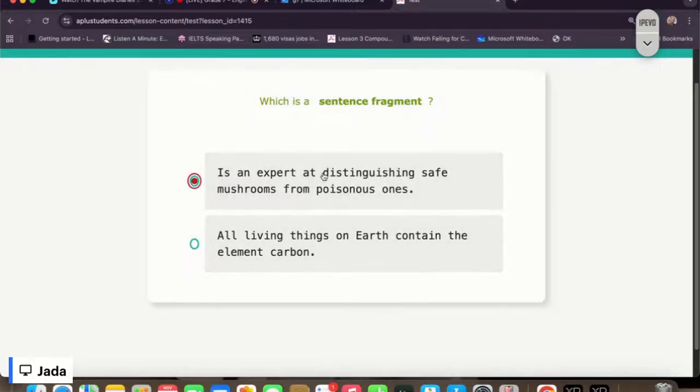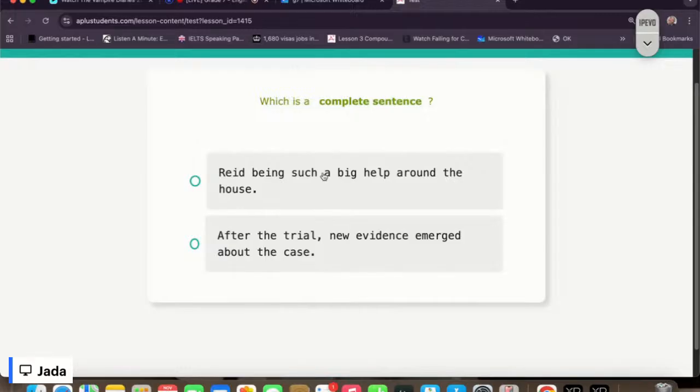So, is an expert at distinguishing safe motions. So which is the complete sentence, first or second?